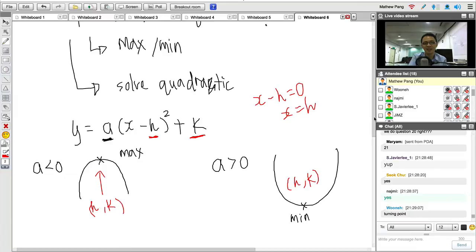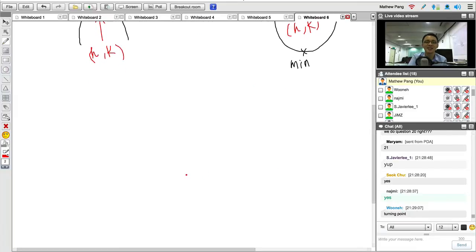So in order to make you understand better, I give you a random equation. Maybe I have y equals negative (x plus 5) squared minus 6. First, guess: will I get a maximum point or a minimum point?